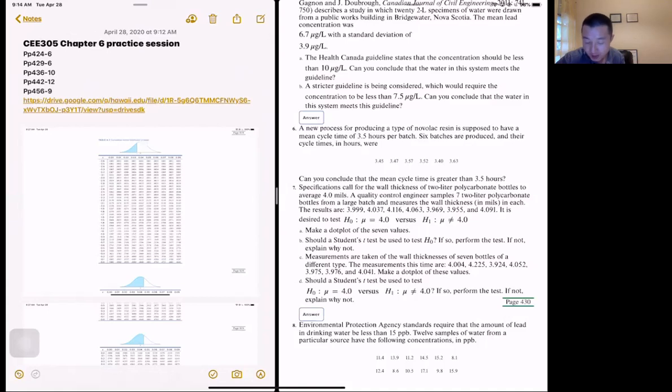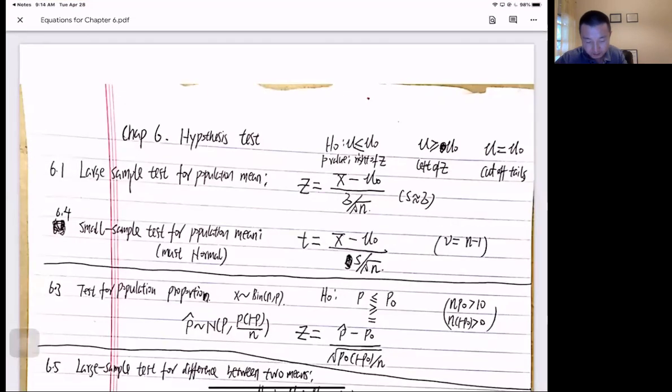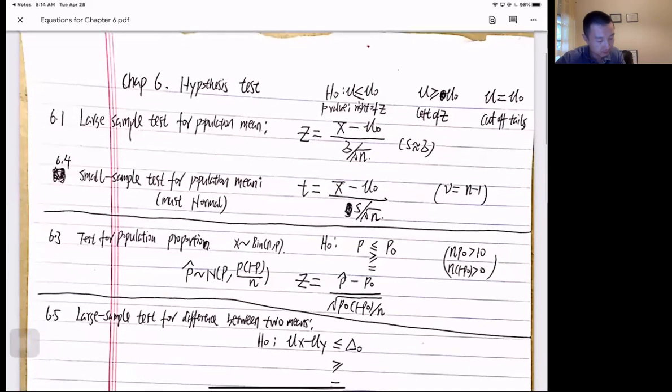Again, look at the last sentence: can you conclude? We know this is chapter 6, and it's talking about a mean value, the mean cycle time, so this is a test for the mean. Go to the equation set for the population mean.